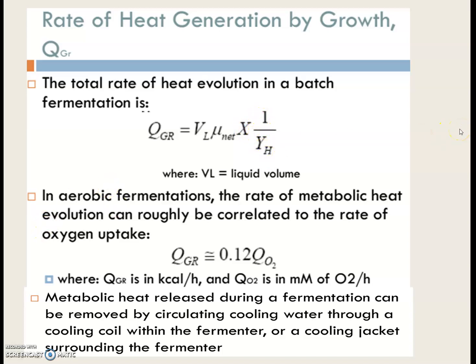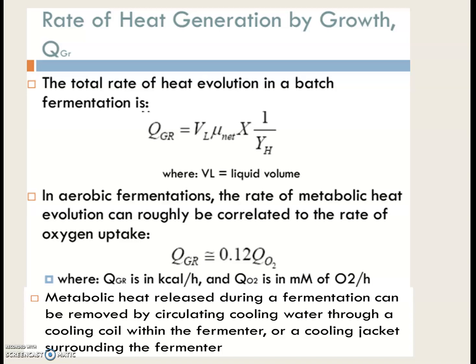In aerobic fermentations, the rate of metabolic heat evolution can roughly be correlated to the rate of oxygen uptake, which is given by QGR equals 0.12 QO2, where QGR is in kilocalories per hour and QO2 is in millimoles of O2 per hour.